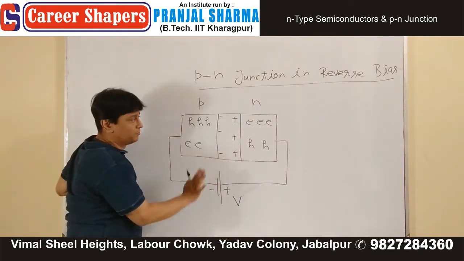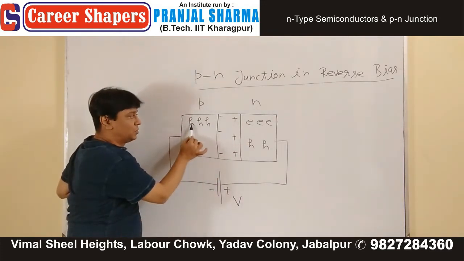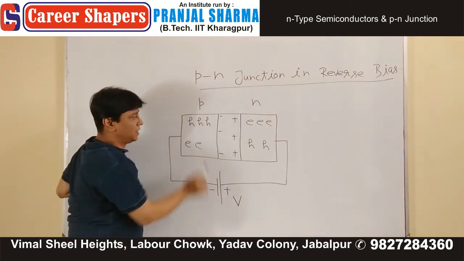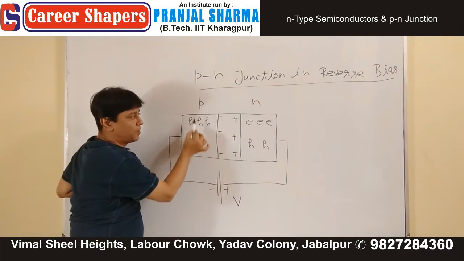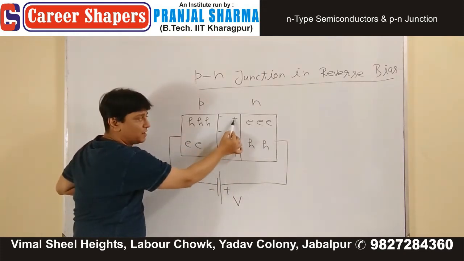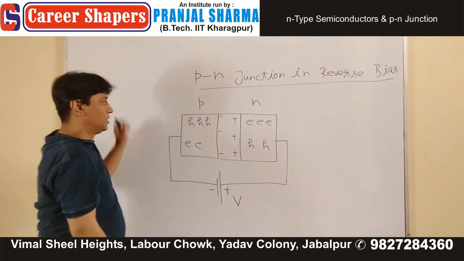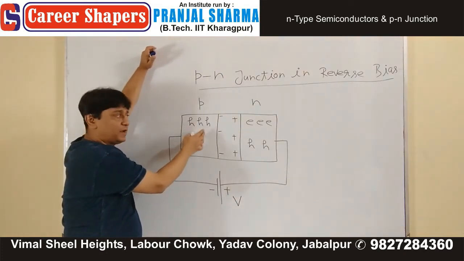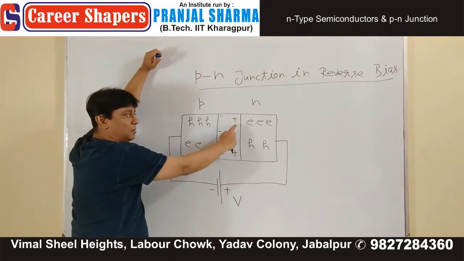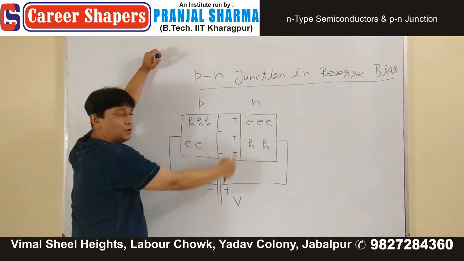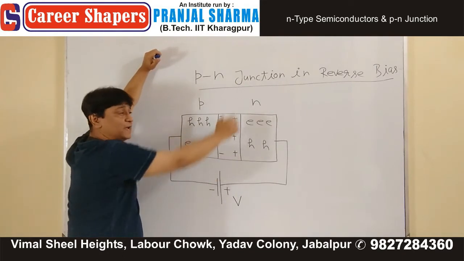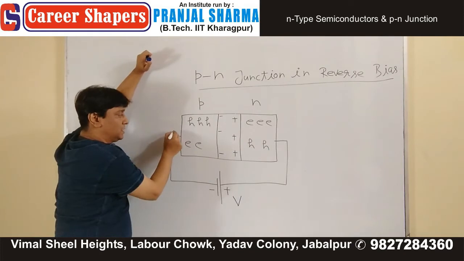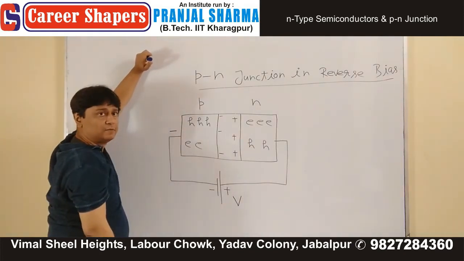Forget the battery now for the time being. This hole, once potential barrier develops, cannot move from P to N side. It is being repelled. It finds difficult to overcome repulsion of the positive side, which is the N side. Now what you have done, you have made this terminal negative.